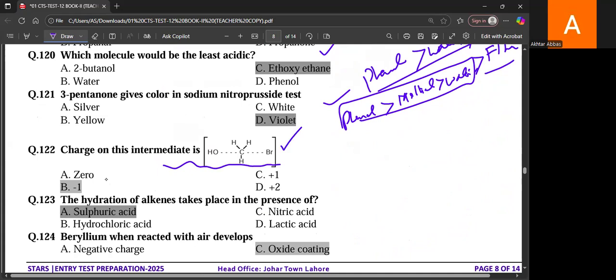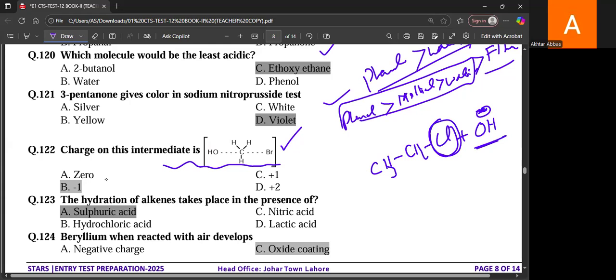Some students think that this intermediate has no charge, but actually this charge is negative. Why is it negative? Because if we attack CH3CH2Cl, it reacts with OH negative, so we can say that this negative charge is shifted towards Cl negative.